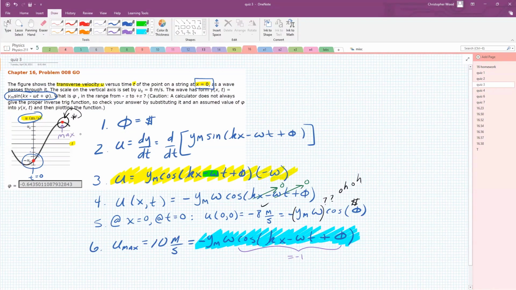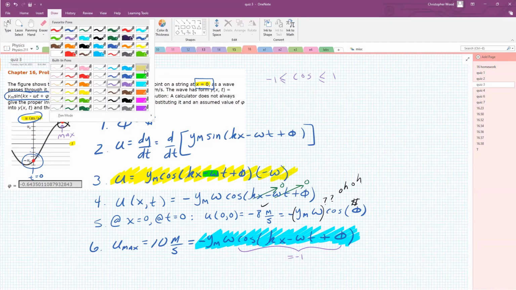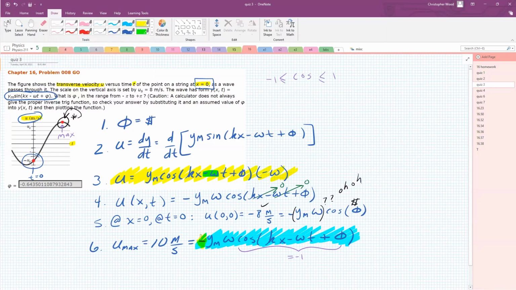That is the maximum point. Cosine can be as great as 1 or as little as -1. And in this case, it's -1 because I have this negative sign right here. This negative sign has to multiply by another negative sign to crank out 10 meters per second.